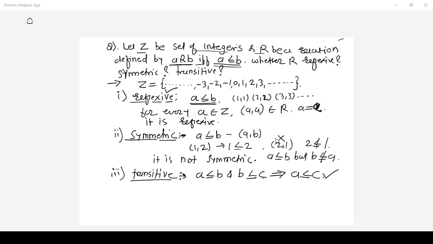We can check, for example, 1 is less than 2, and 2 is less than 3, it implies that 1 is less than 3. It is true on the set of integers. Hence you can say it is a transitive relation.